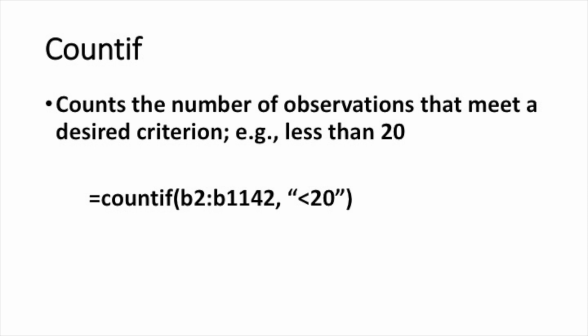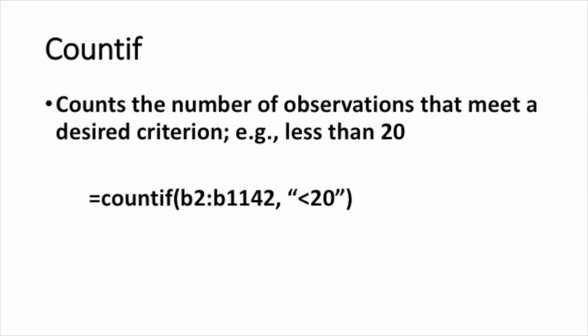So it's equals Countif parenthesis B2 colon B1142. So we're telling Excel where we want it to look for the data, comma, and then a quotation mark. And yes, the quotation marks are necessary. Less than 20, close a quotation mark, and then close a parenthesis. Then when you hit return, Excel will tell you the number of observations in that data range that are less than 20.